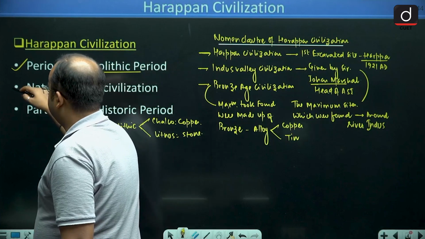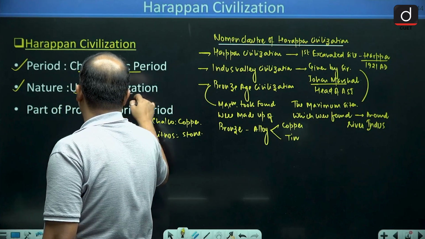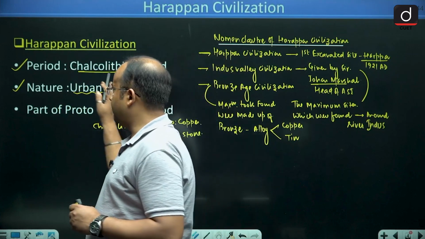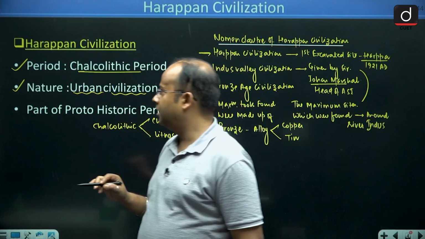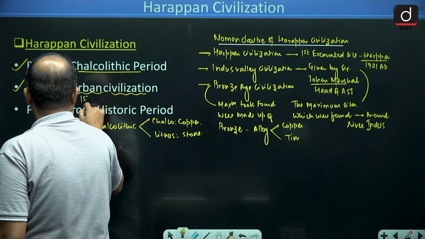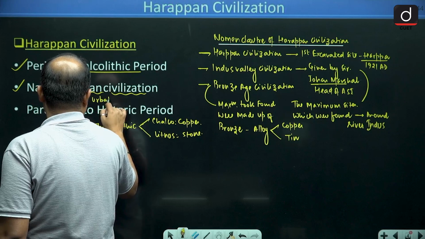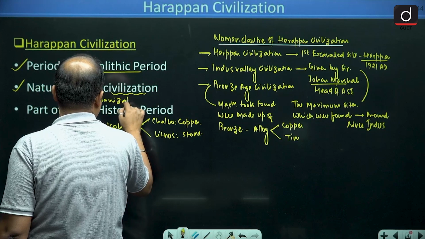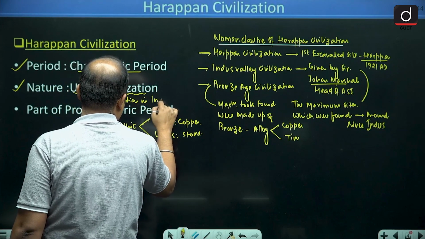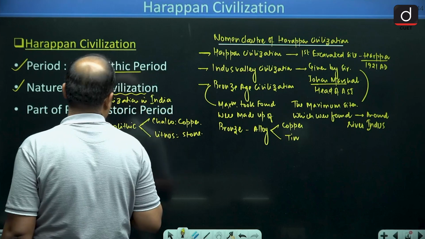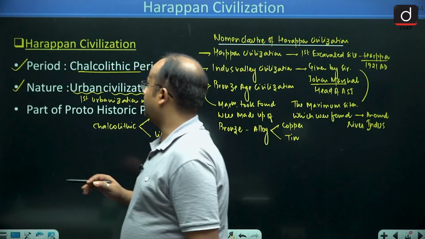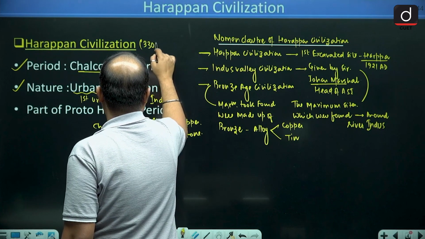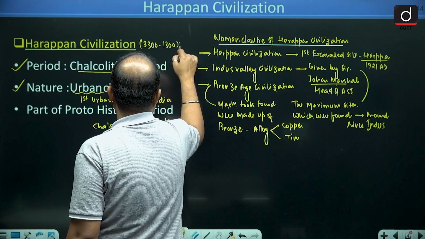Now the nature of this civilization was urban. This period was the first urbanization in India. It was a complete urban civilization, the first urbanization in India, that was the Harappan civilization, and the overall time period is 3300 to 1300 BC.